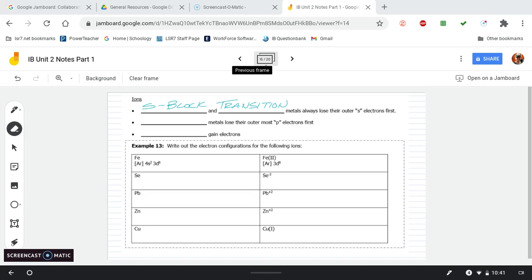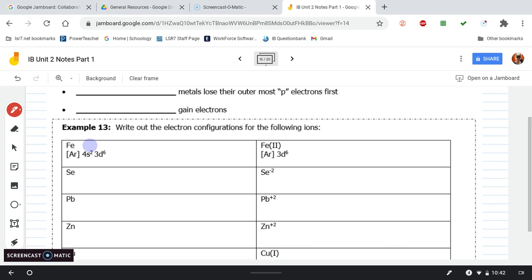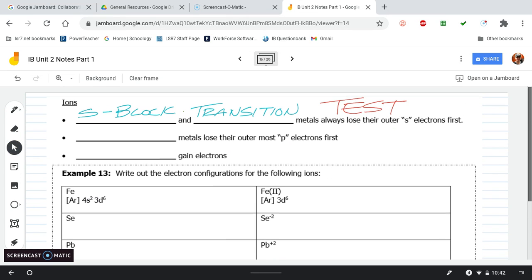Okay, so here we go. This is another thing that you're going to want to write down that is going to be a very specific test question that we have to know, and that is the way that things that become ions, which electrons do they lose first?